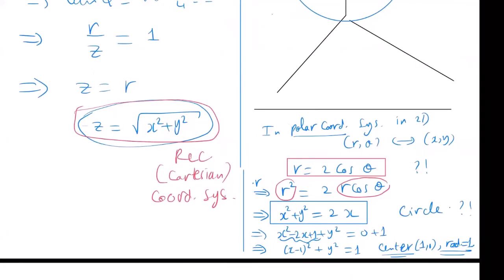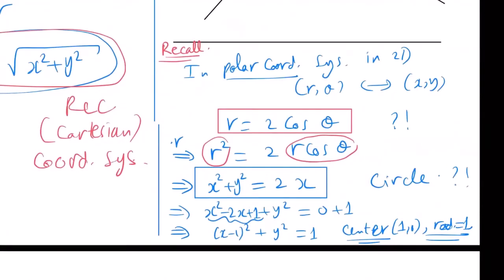How did r cosine theta become x exactly? In polar coordinates, x is r cosine theta and y is r sine theta.